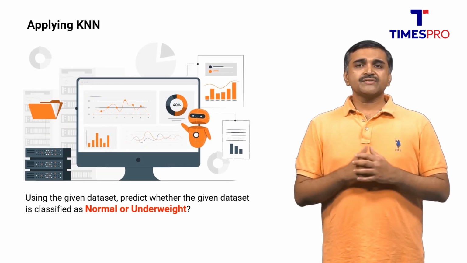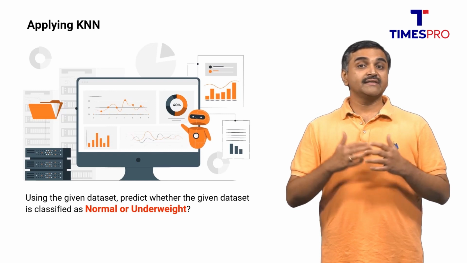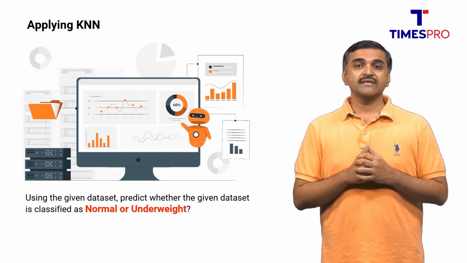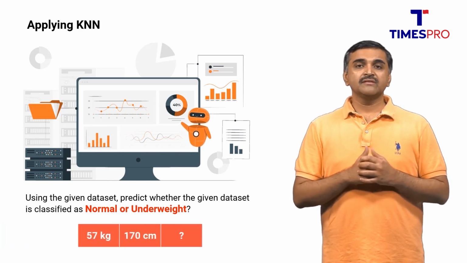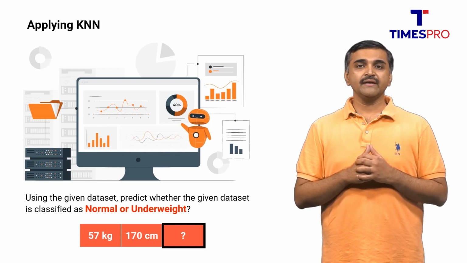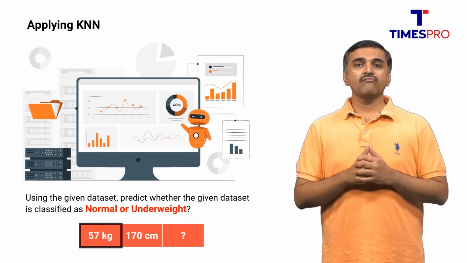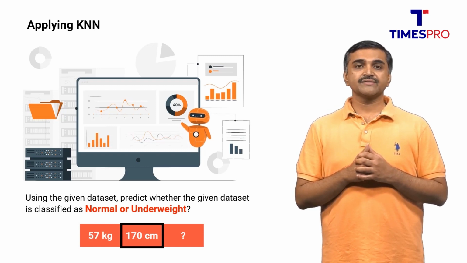Using this training dataset, we now have to predict whether the test observation is underweight or normal. This is the given test observation for which the class is to be predicted, which has a weight of 57 kgs and a height of 170 centimeters.